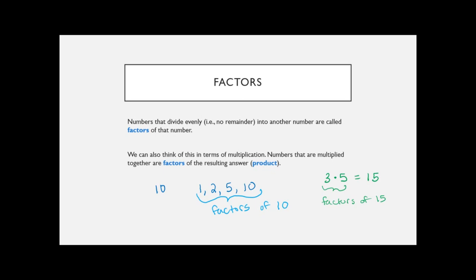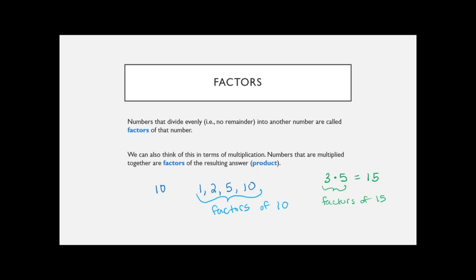So just some other vocabulary. Product is what we call the result of multiplication. So the result of multiplication is the product, but we can also call writing things as multiplied a product. So that's another term that you'll see. But what's important here is understanding what factors are.